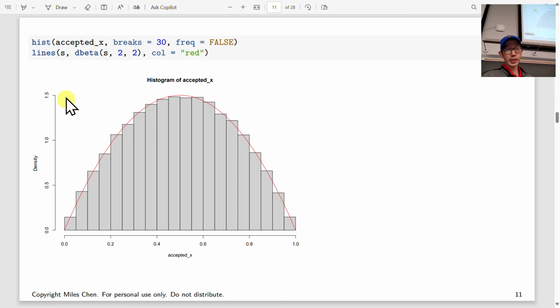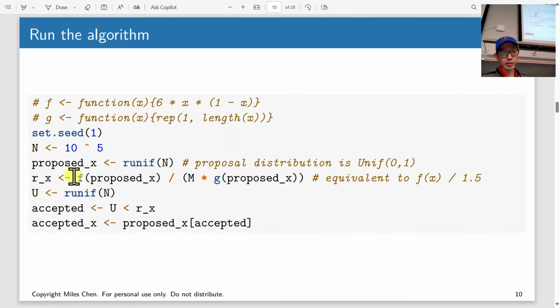So after we've thrown away some of our values, this is the values of x that we've accepted. Here I have all of my proposed x. There's 100,000 of these things, 10 to the 5. The accepted values of x is just a subset of the proposed values of x. The accepted is going to be a true/false.